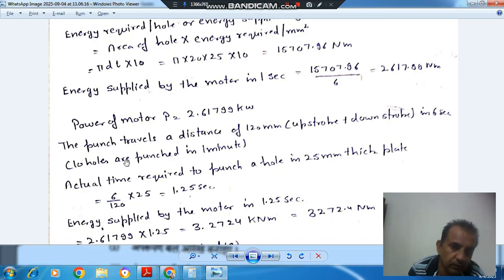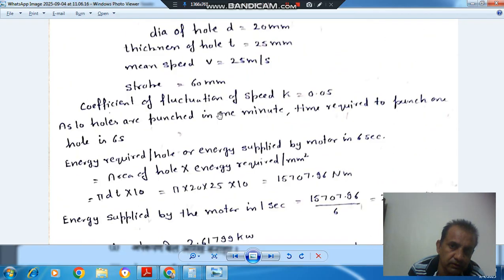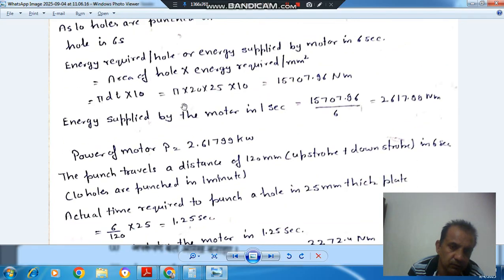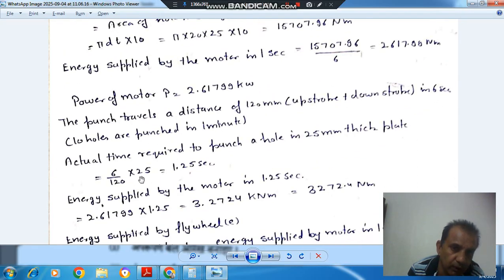The thickness of the plate is 25 mm. So for 120 mm the time is 6 seconds, for 25 mm it will be 6 by 120 into 25, that is 1.25 seconds. So actual punching takes only 1.25 seconds.